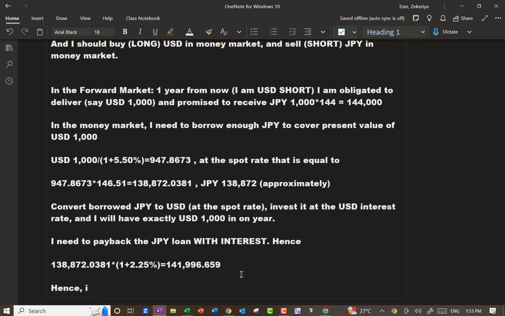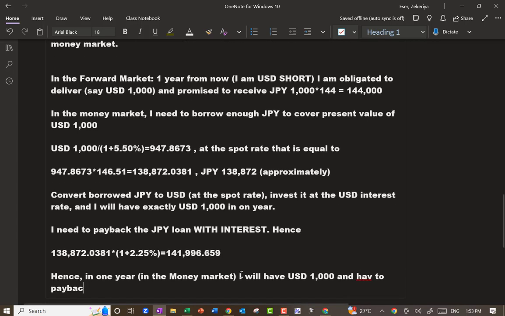Hence, in 1 year, in the money market, I will have $1,000 and have to pay back 141,997 yen, approximately.